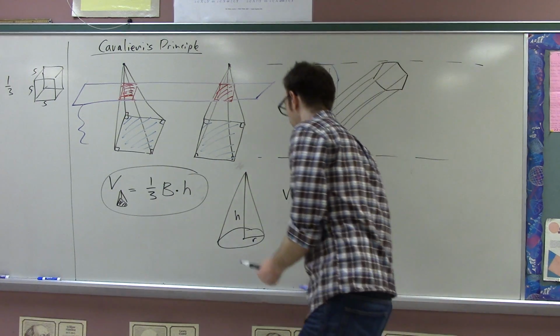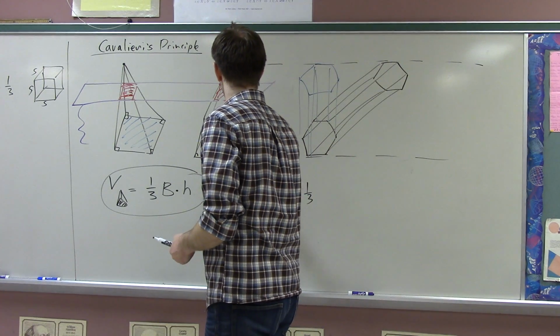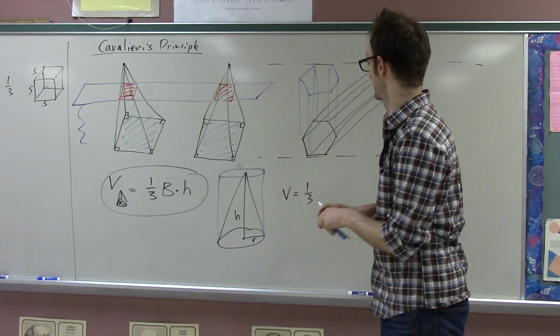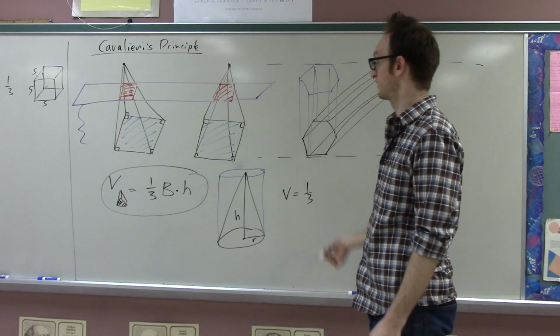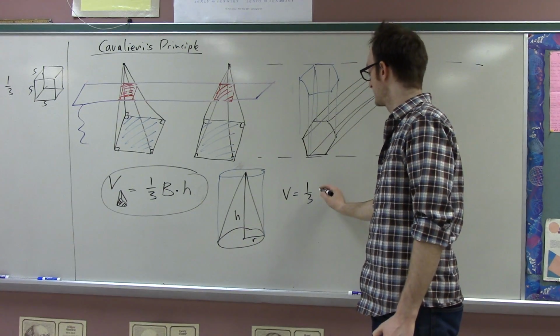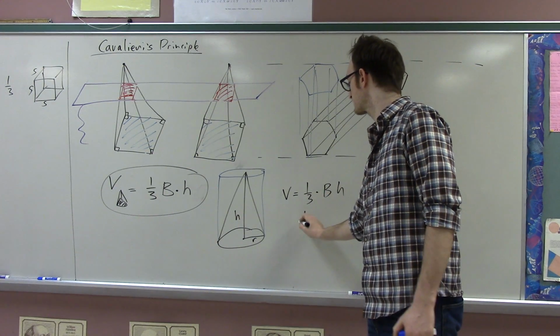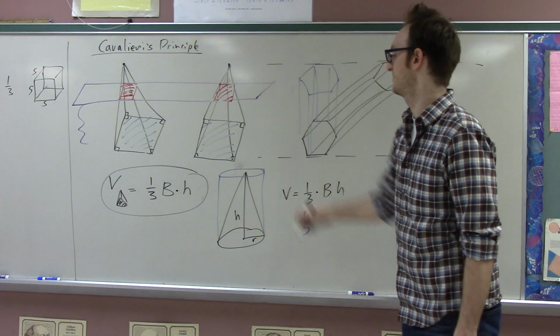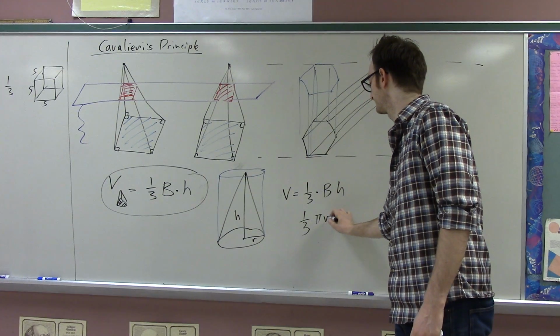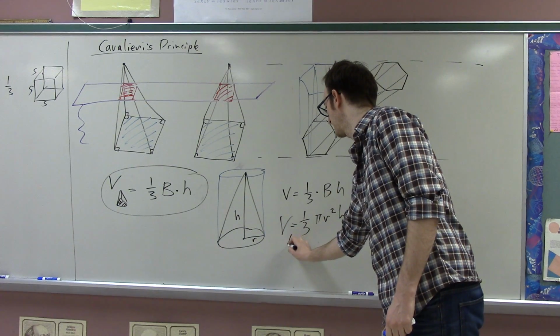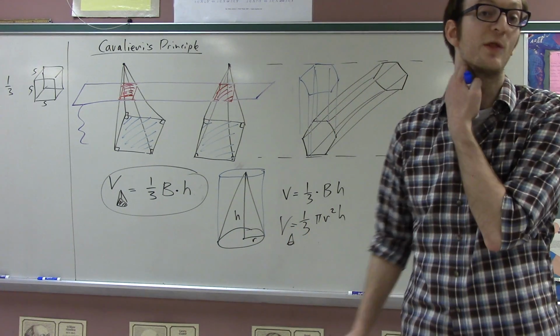It's 1/3 of the corresponding cylinder or prism, whatever you want to call it. So this is going to be 1/3 of the base times the height, and of course we know that the base of this is pi r squared. And there we just have the formula for the volume of a cone, the 1/3.